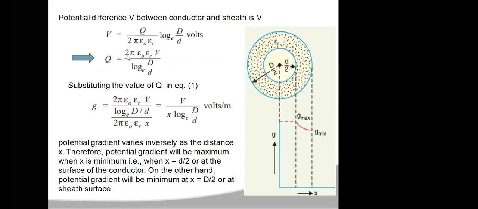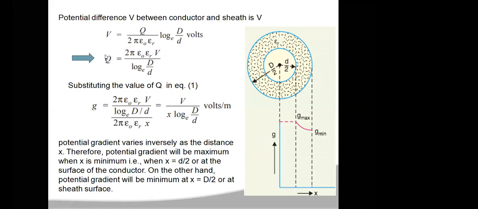From this expression you can write the charge Q as Q is equal to 2 pi epsilon naught epsilon r V by log capital D by small d to the base e. So this is the charge value. Charge Q is the charge per unit length.